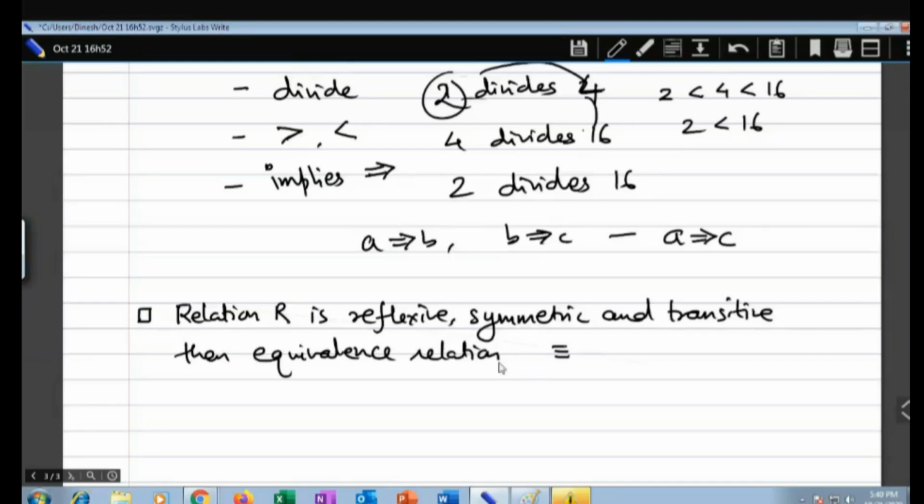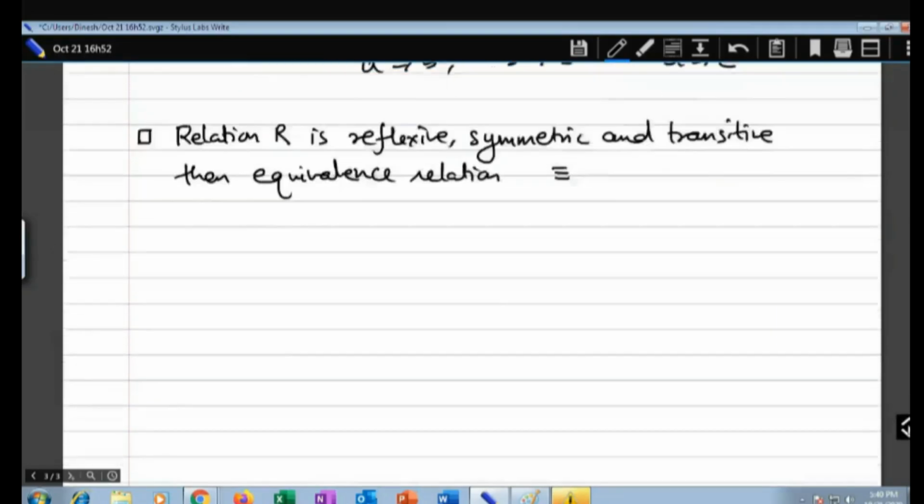So if the relation R is reflexive, symmetric, and transitive, then R is an equivalence relation. We will see more on the equivalence relation and equivalence set later.